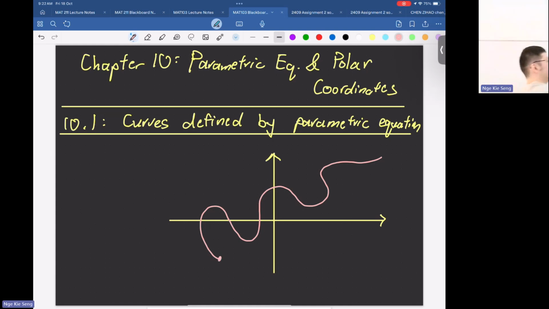But if you have such a line, could you define a function to describe it or not? Why not? You immediately shake your head.